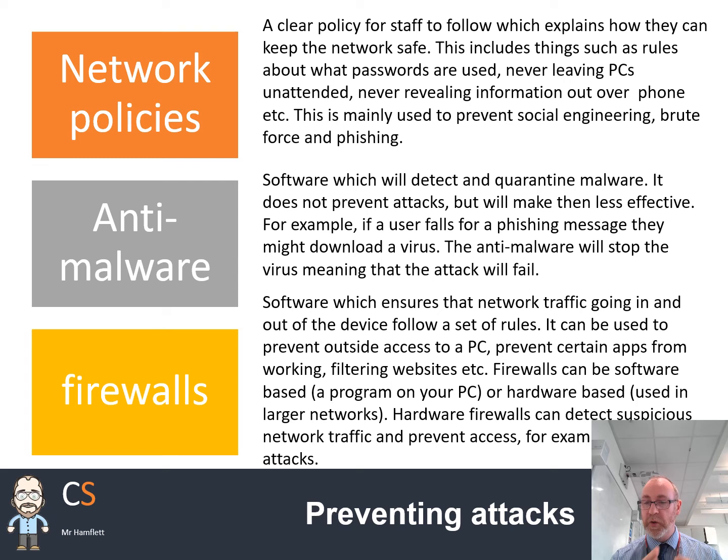So firewalls will prevent unauthorized access in and out. It does help monitor common attacks, so common attacks that are known will be prevented by a firewall as well. But we tend to be talking about companies rather than individuals with this one.